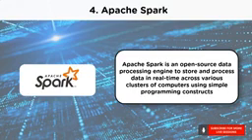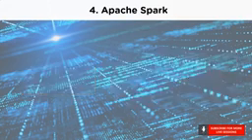It allows you to store and process data in real time across various clusters of computers using simple programming constructs. Apache Spark is designed to accelerate analytics on Hadoop while providing a complete suite of complementary tools that include a fully featured machine learning library, a graph processing engine, and stream processing.